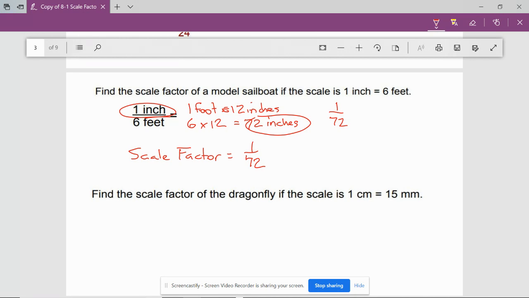Let's find the scale factor of a dragonfly if the scale is 1 centimeter equals 15 millimeters. So we have 1 centimeter over 15 millimeters.